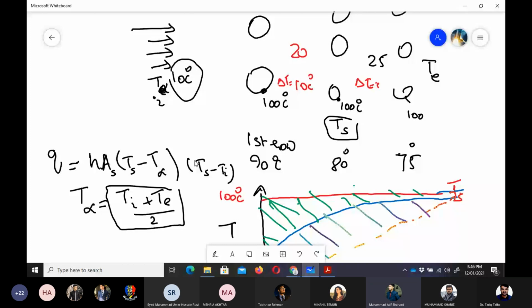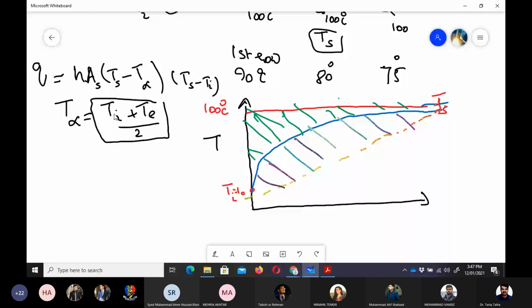But if we do that, physically what we are saying is that T infinity is the mean of T inlet and T exit. So we are drawing the linear line and taking the average. So in that case our T infinity is somewhere here, because that is the average of T_i plus T_e.